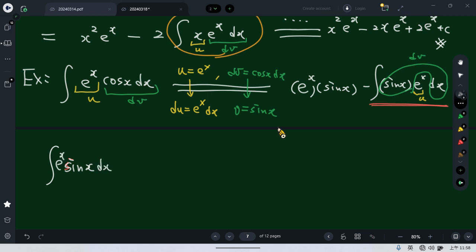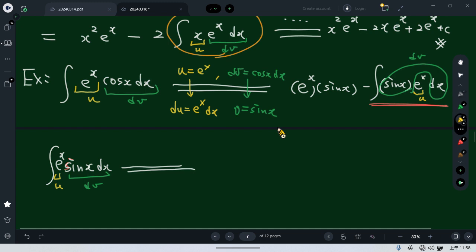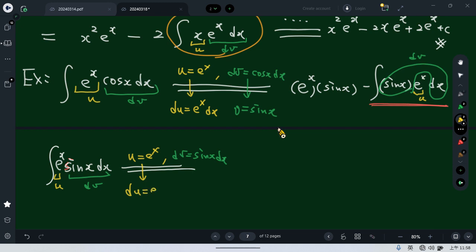So this time this is u, this is dv. Then u is equal to e to the power of x, dv is equal to sine x dx, so that I can have du is equal to exponential function times dx. Right? This part no problem.